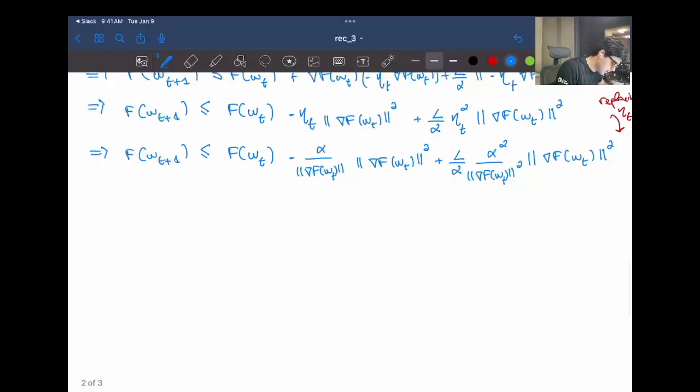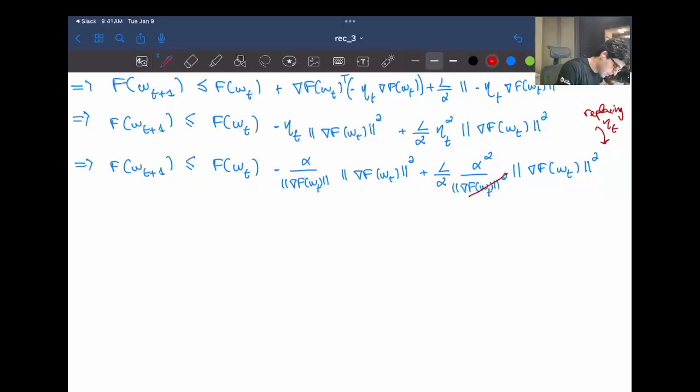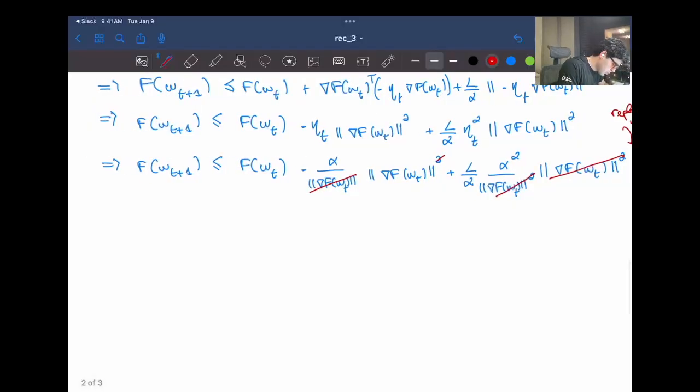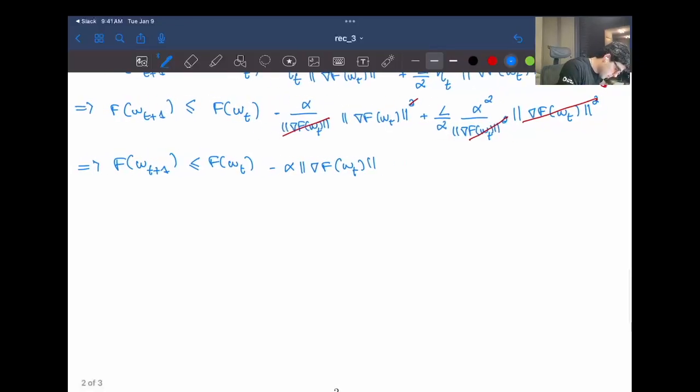And now you immediately realize that there are some cancellations that can be done here. First of all, this cancels with this, and then this cancels with this. So we are left with this, minus the norm of grad f_t plus L over 2 alpha squared.